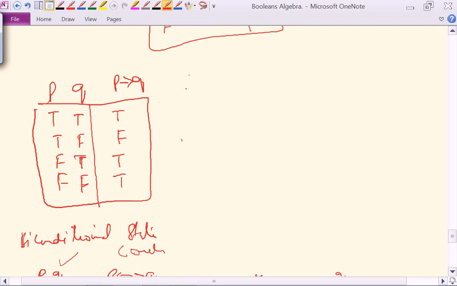So sometimes the question says that we don't necessarily have P and Q as premises and P implies Q as a conclusion. Sometimes it says like this: P comma P implies Q, then conclusion is Q. Now my Q is conclusion, this P implies Q and P, they are the premises, right? So I have to say, is this now valid or not? Because P and P implies Q are premises.